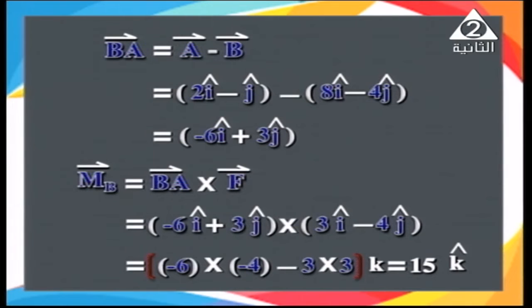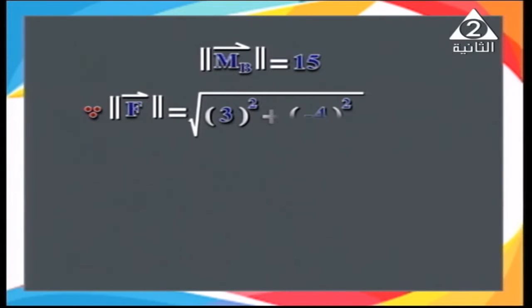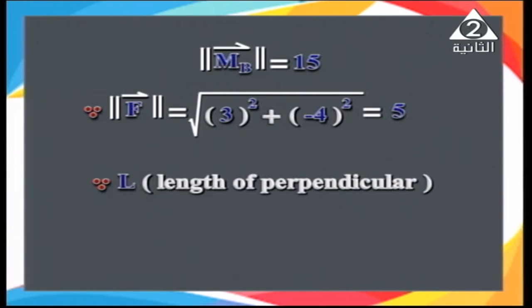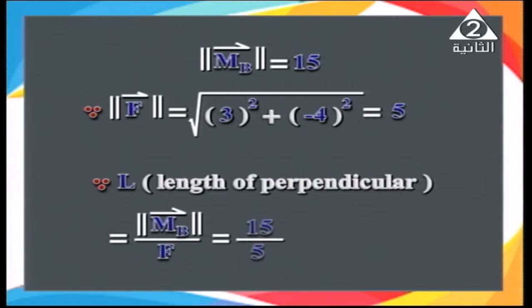What is the length of the perpendicular? The length of the perpendicular equals the norm of the moment over the norm of F. The moment equals 15, and the norm of F equals the square root of 3 squared plus negative 4 squared, which equals 5. Then the length of the perpendicular equals 15 over 5, which equals 3 length units.